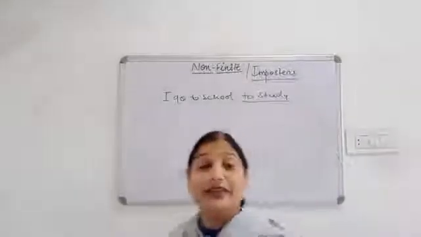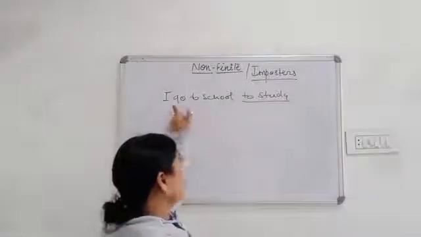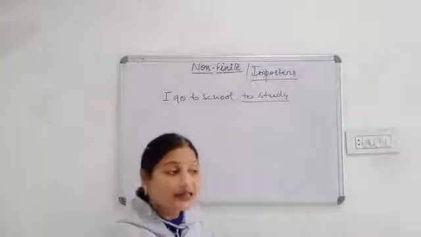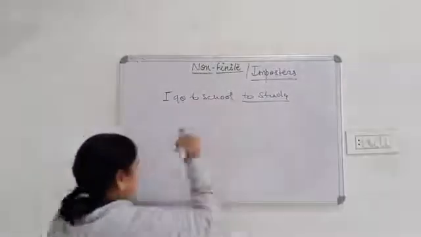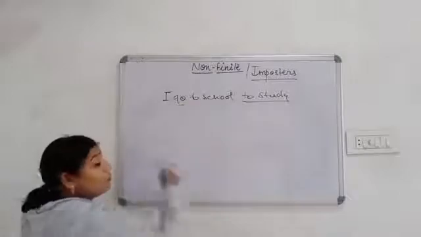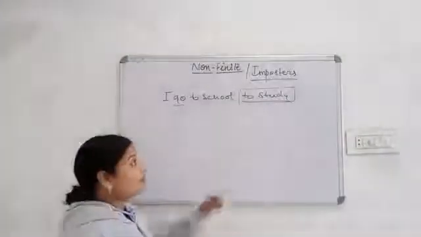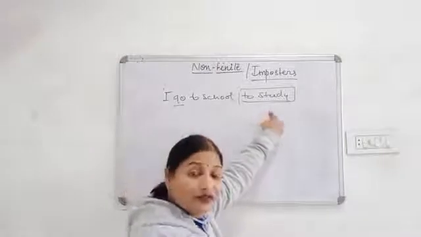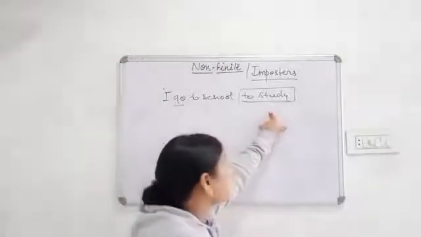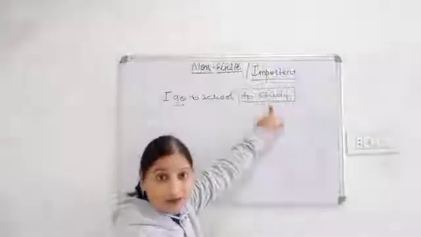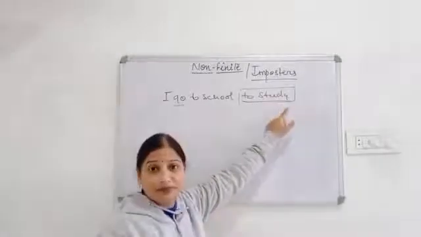Suppose I have written one example. I go to school to study. Now children, in this case, as I told you, go is the verb, but you see, to study. At first sight, we will feel that this study is also a verb, but actually it is not a verb.